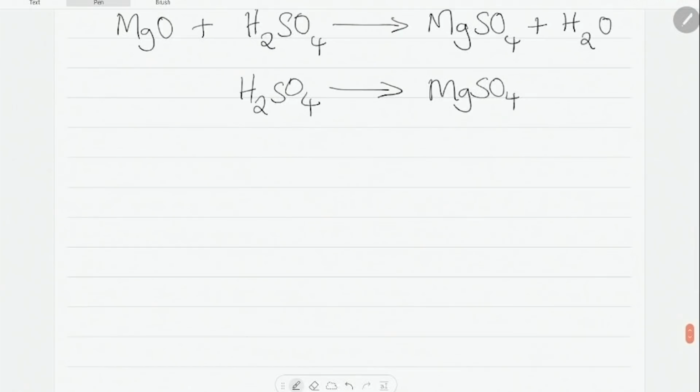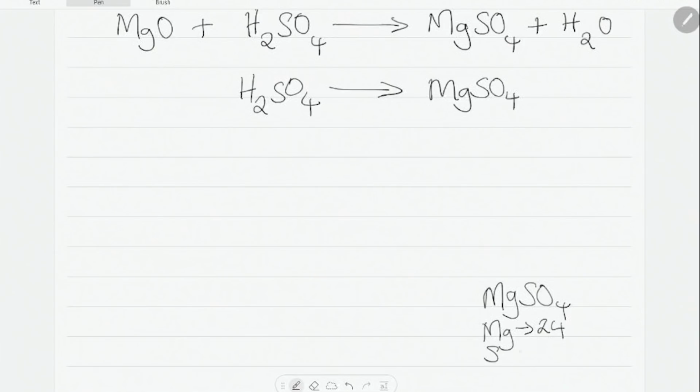So molar mass, we'll say magnesium sulfate. We have magnesium, 1 atom, which is equivalent to 24. Then we have sulfur, which has the mass number of 32 from the periodic table. Oxygen, the mass number of oxygen is 16 multiplied by 4.